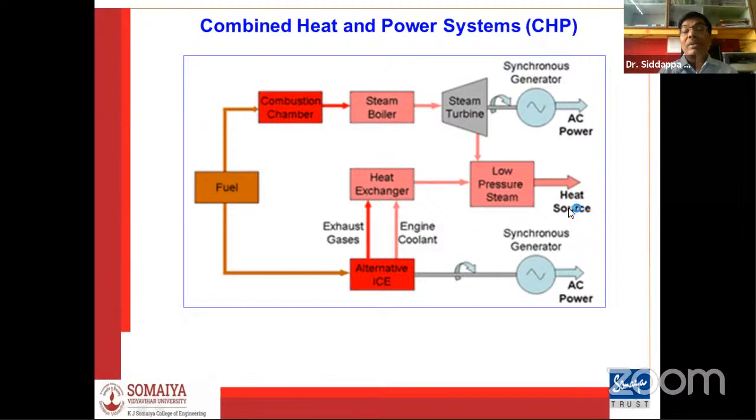Hence it is one of the best examples of a combined heating and power generation system, based on a steam turbine power plant, and depending upon your requirement, you can even run the turbines from engine exhaust also, as we discussed in earlier HRSG systems.